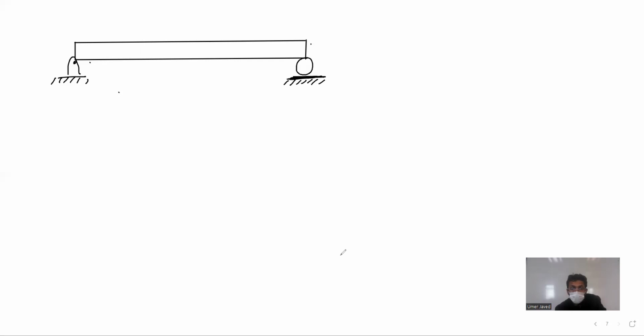Unfortunately, I have it in the British system of units, which is a little tough, but I think you will do fine in this example. This is our Z. This is our Y. And our X will be correct.